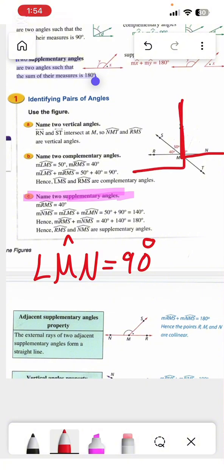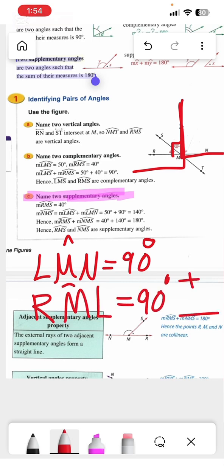We already found LMR: if we add RMS, which is 40 degrees, and SML, which is 50 degrees, we get 90 degrees. So angle RML is also 90 degrees.